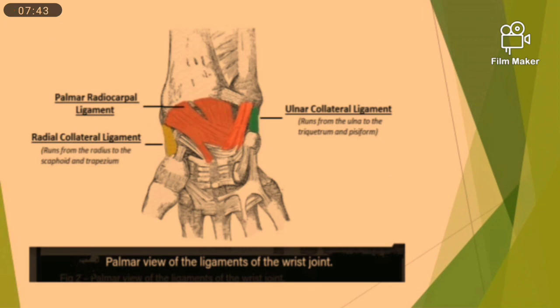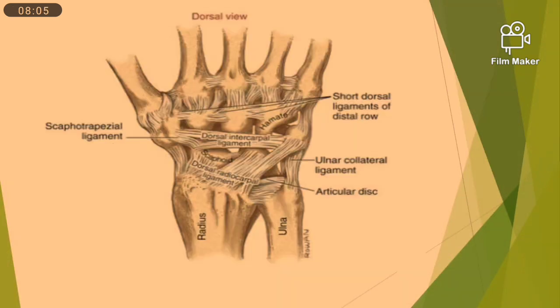Here you can see the palmar view of the ligaments of the wrist joint. This is the palmar radiocarpal ligament. Then the radial collateral ligament, here in yellow color, and this is the ulnar collateral ligament in green color. Okay.